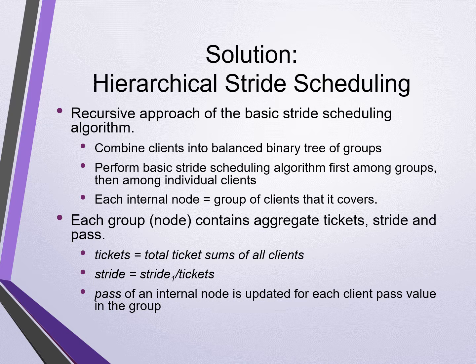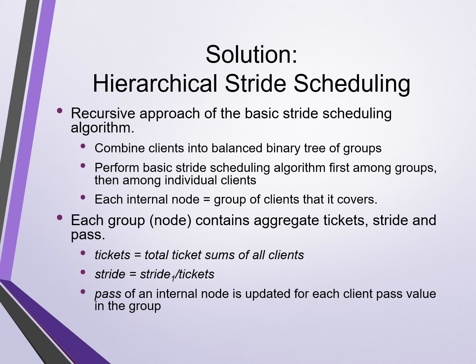An allocation is performed by invoking the normal stride scheduling algorithm first among groups and then among the individual clients within groups. In my next slide, we'll consider a balanced binary tree of groups. Each leaf node represents an individual client, and the internal node represents a group of clients, or the leaf nodes that it covers, and contains their aggregate tickets, stride, and pass values.